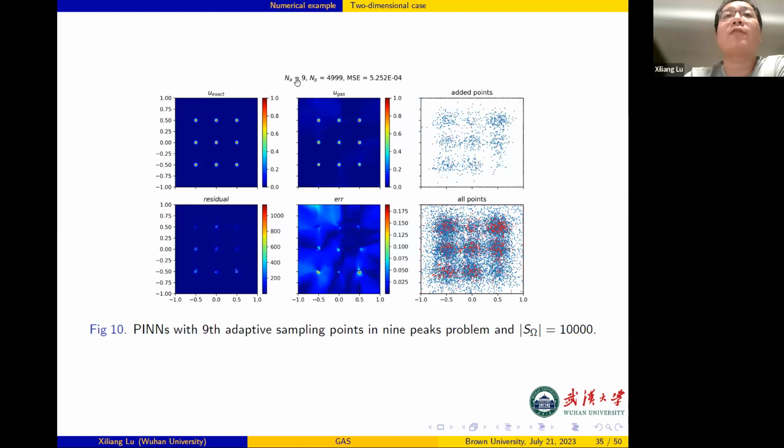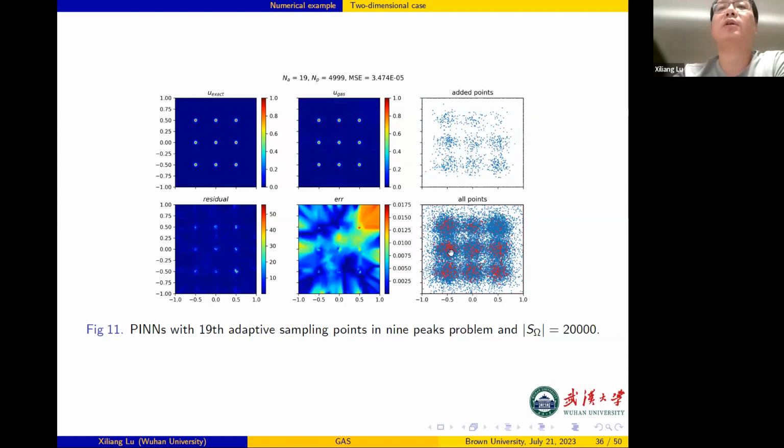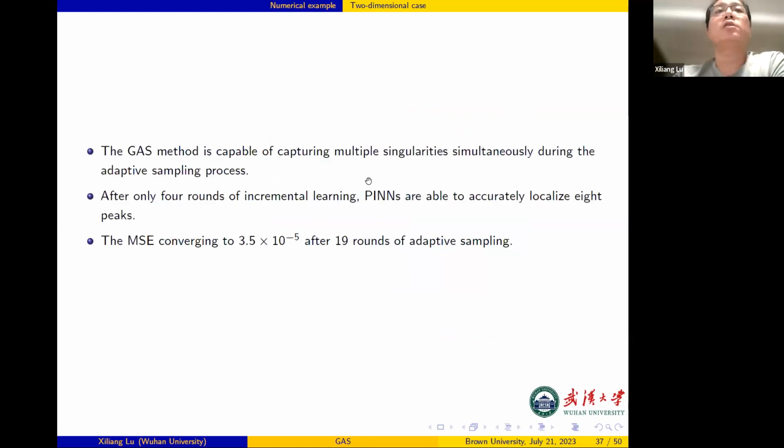And after the 9 iterations, the added points look like that, and the reconstruction is good. After 19 iterations, the total number of points is 20,000, and the added points are on these singularities here. So we can see the proposed method can capture multiple singularities.